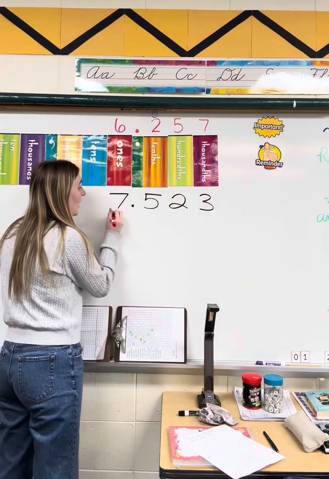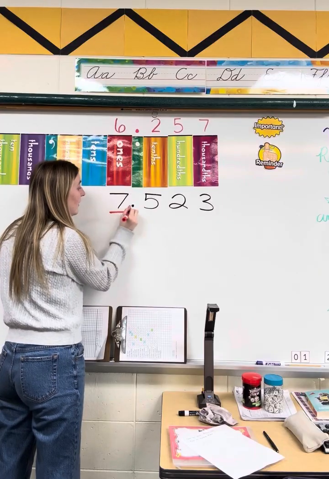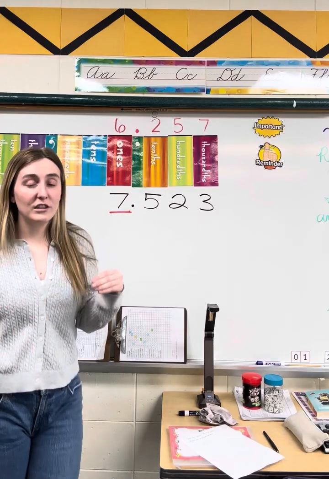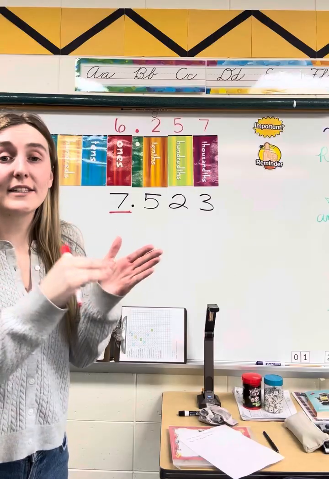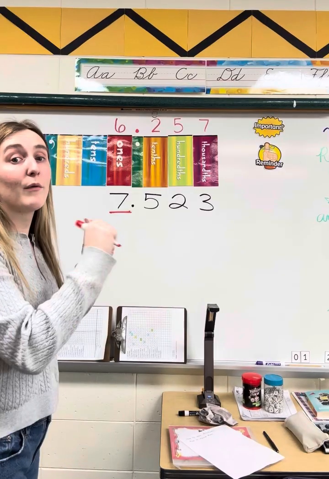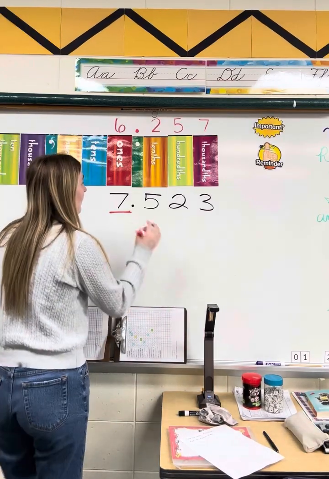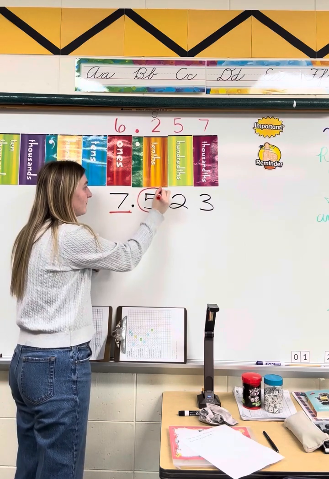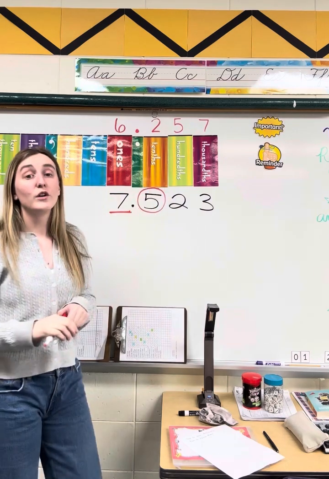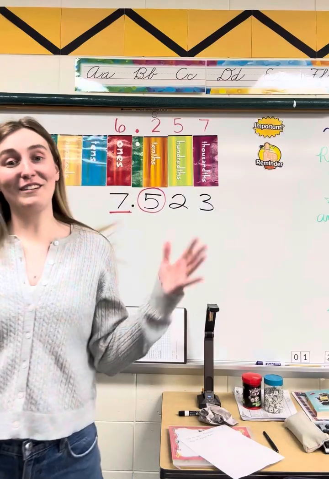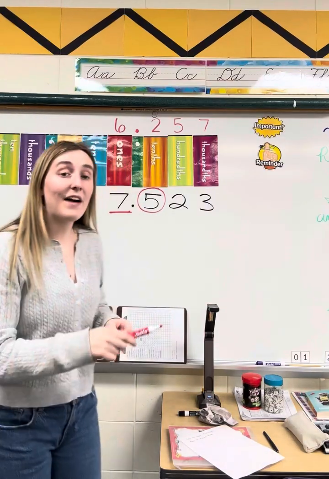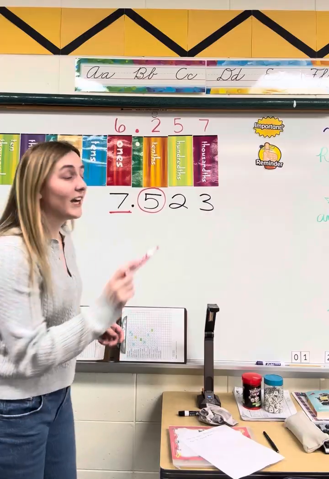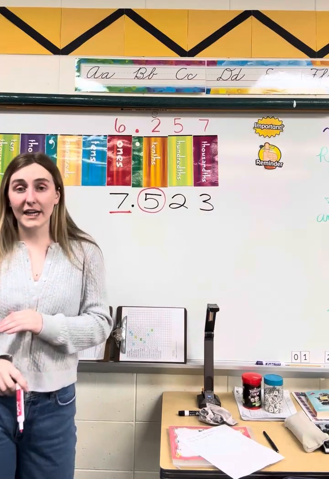You're going to underline the one you're working towards. If you see your student doing this, it's so that they remember this is the one we're trying to round up or down. Then you're going to go to the next place value and circle it. That would be a 5. With rounding, just a little refresher: if it's 5 and above, we round up. If it's 4 and below, we round down.